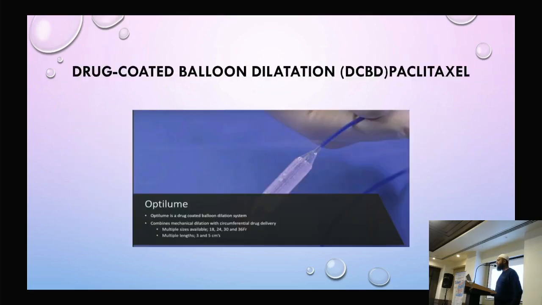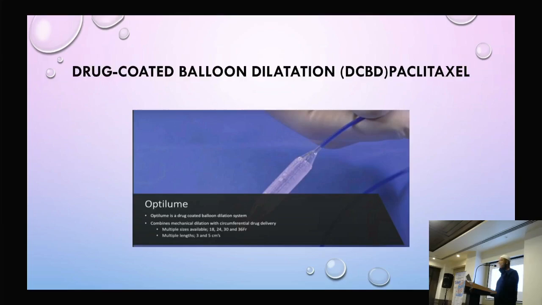Now we have drug-coated balloon dilatation, that is with paclitaxel. It is a newer modality. Paclitaxel is an antimitotic. It inhibits microtubule formation. It is usually now recommended only in bulbar strictures of less than 3 centimeters. The trial is a robust trial where they studied 127 patients. In recurrent strictures with either failed DVI or urethroplasty, you dilate the stricture with either DVI or VI.